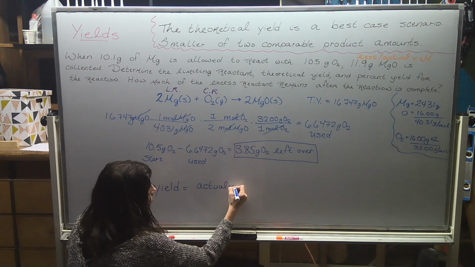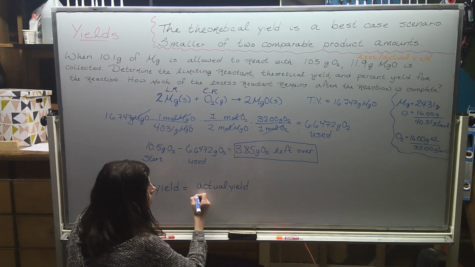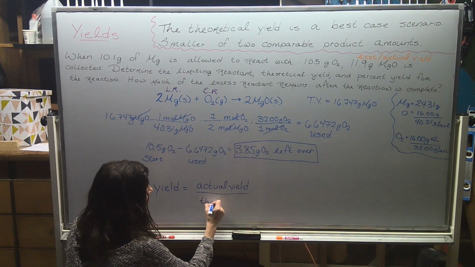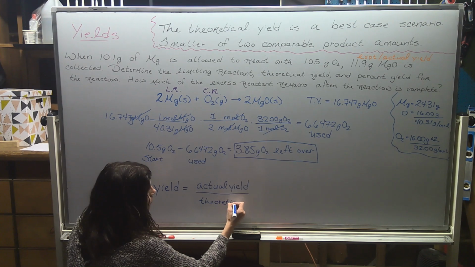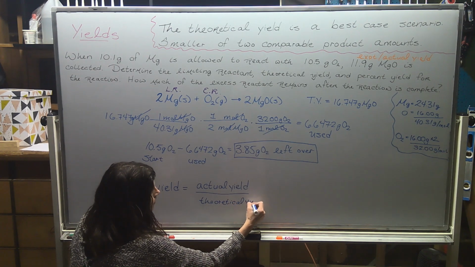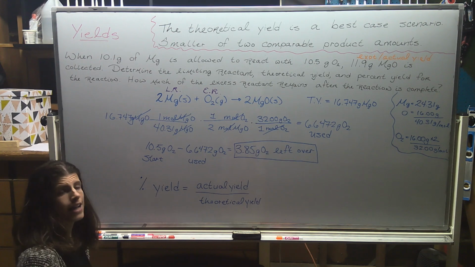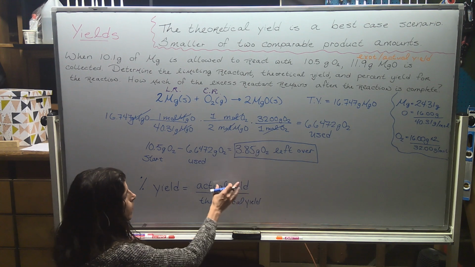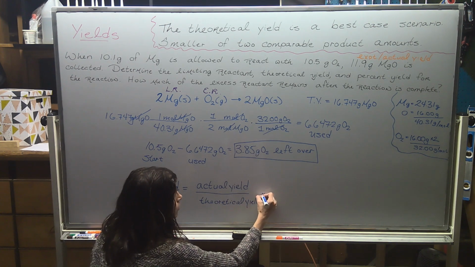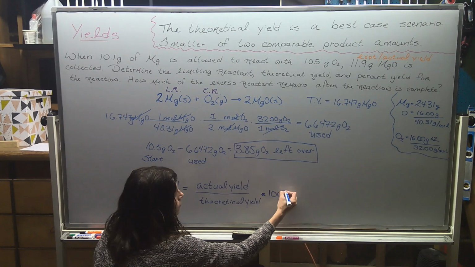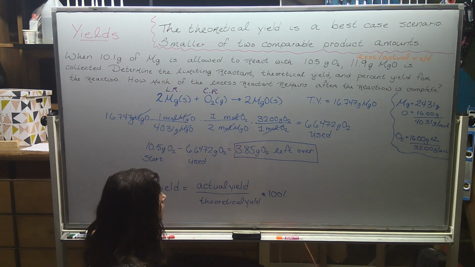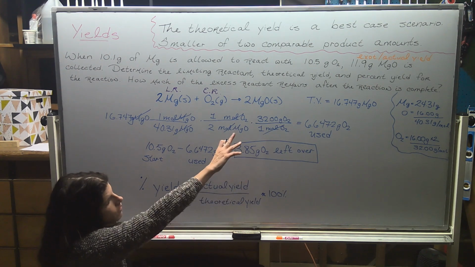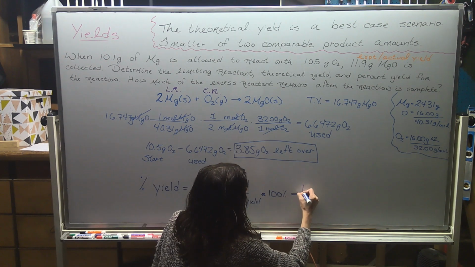So our actual yield or our experimental yield divided by what happened on paper, our best case scenario, which is our theoretical yield. The only units that should remain after we do this problem is the percent. So when we're plugging numbers into this, we need the units to match so that they cancel. So for this particular problem, our actual yield was given in the beginning, so it was 11.9 grams.